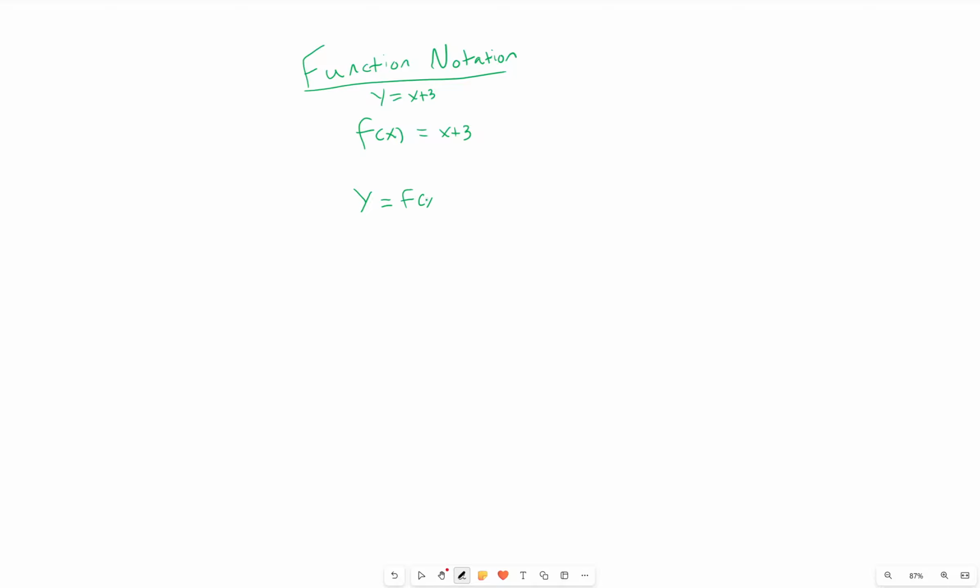They are interchangeable. So if you see your f of x and you're confused, remember, that's the same thing as your y. That's where your y normally is. They mean the same thing, but the f of x gives us more information because it tells us what variable we are inputting. Okay, so that's a little bit about function notation.